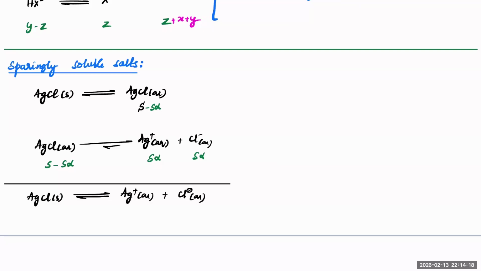What you need to realize is that in most cases, the salts present in the aqueous solution will ionize 100%, which means alpha is equal to 1.